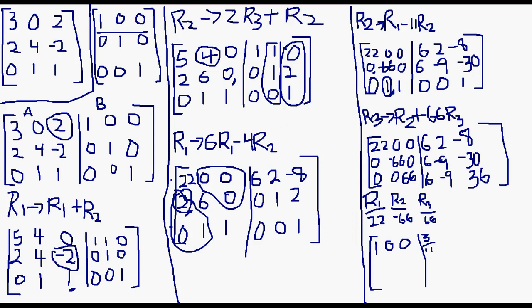And then 2 divided by 22 is 1 over 11. And then negative 8 divided by 22 is negative 4 over 11.